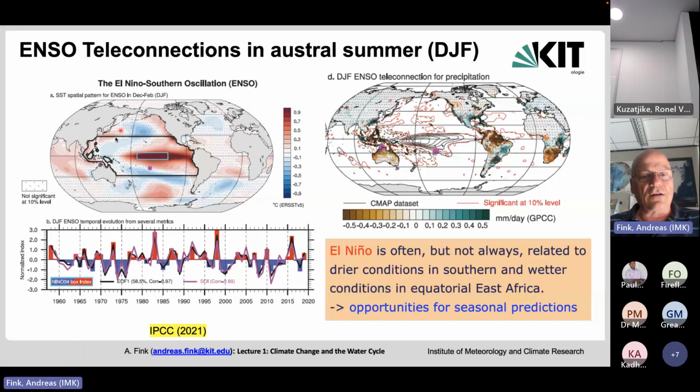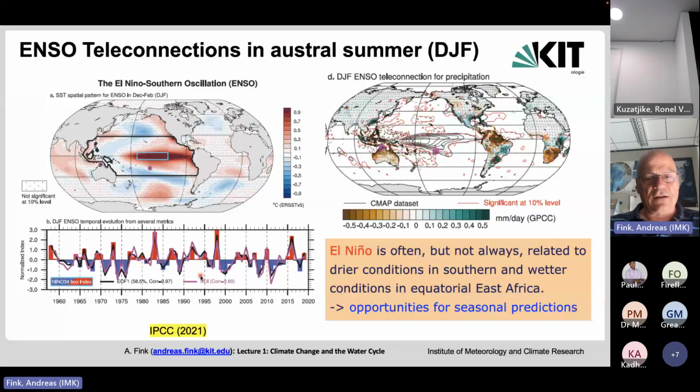So here in the top left, you see the sea surface temperature variations associated with a typical El Nino. Here, this region in the Pacific is the so-called Nino 3.4 region. Usually an SST index from that region is taken to describe the El Nino.